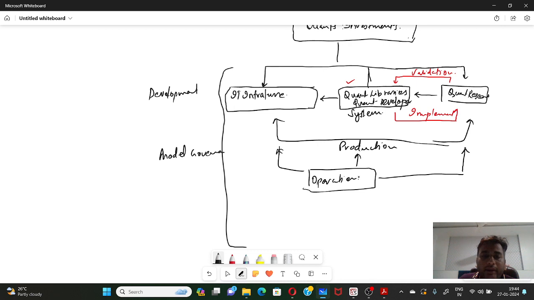Okay. And model governance will keep checking on a daily basis whether the expected model performance is matched or not. Operations provide the evidence to the model governance team. Then the model governance team, as per the limitations and performance metrics set during development, checks whether the model has performed well or not.